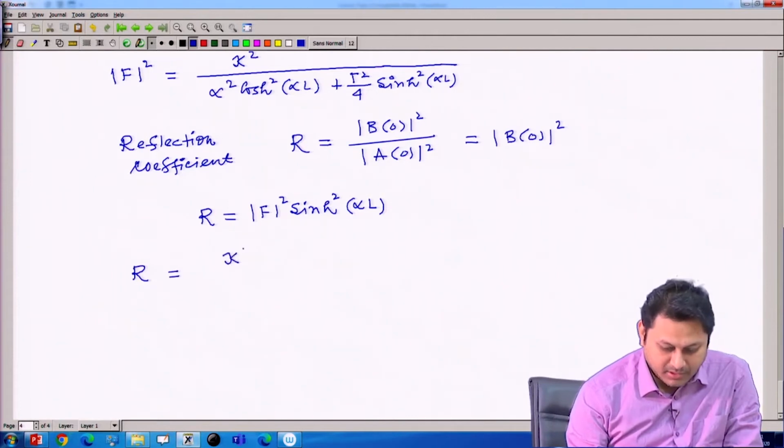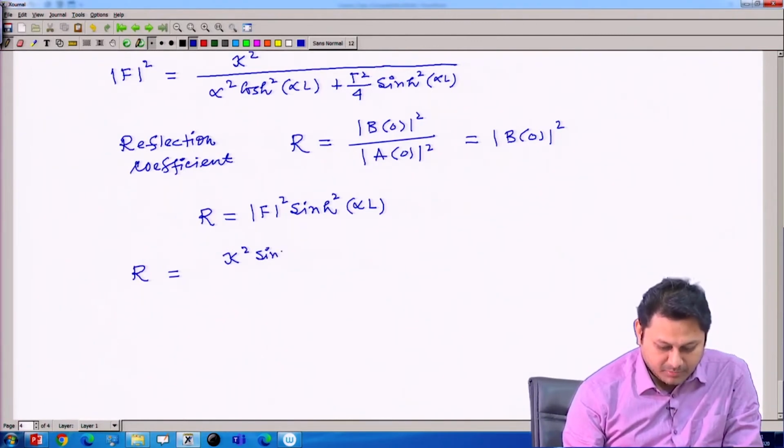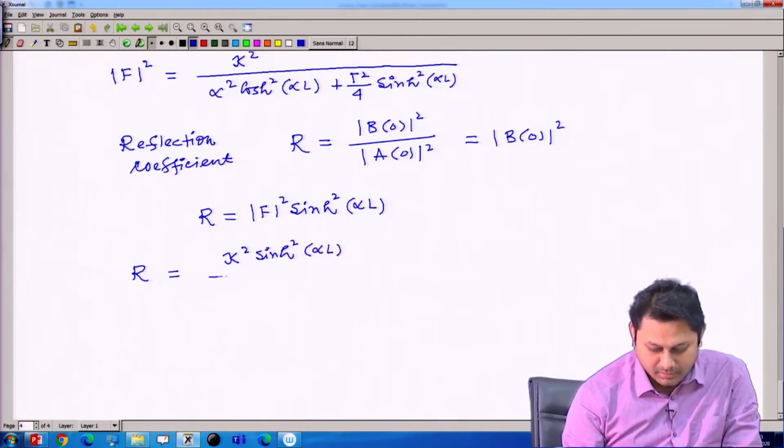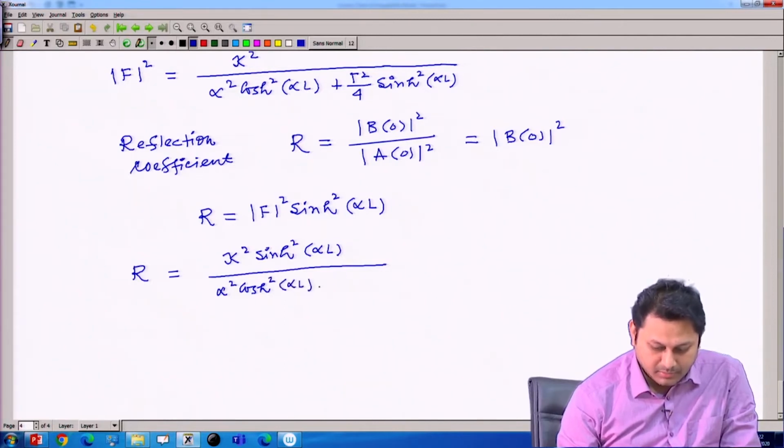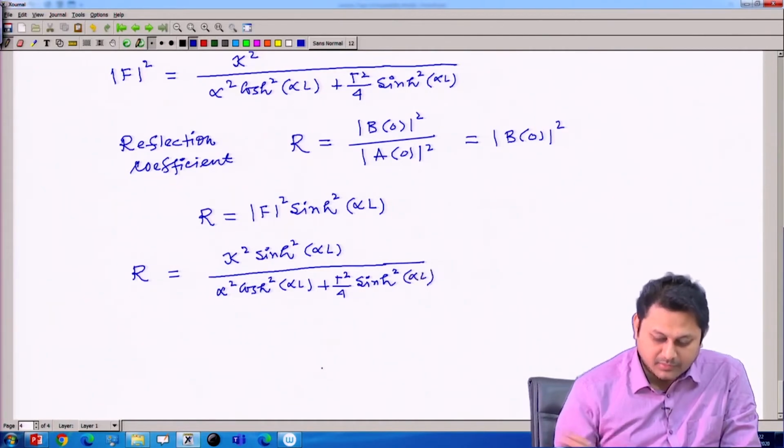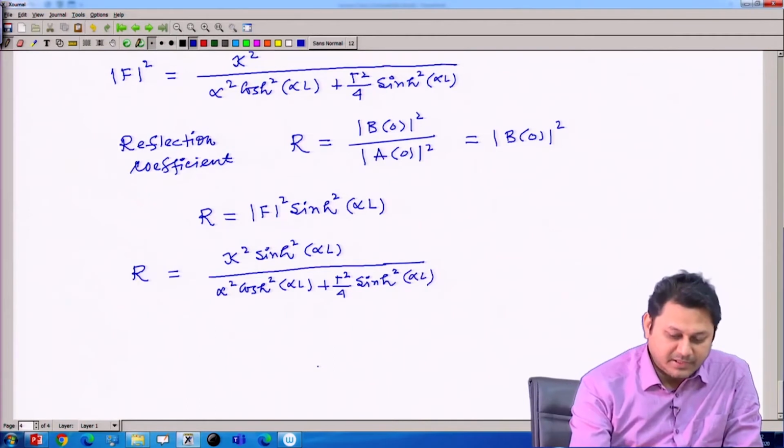So eventually my reflectivity is kappa square sinh square alpha L divided by alpha square cosh square alpha L plus gamma square by 4 sinh square alpha L. So, this is the value of the reflectivity I find.